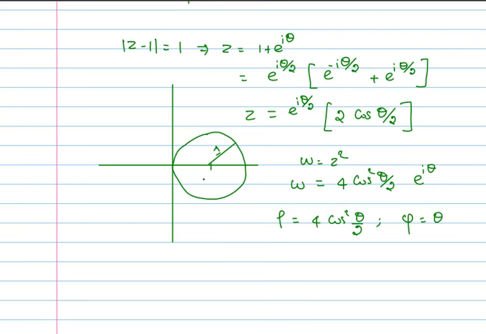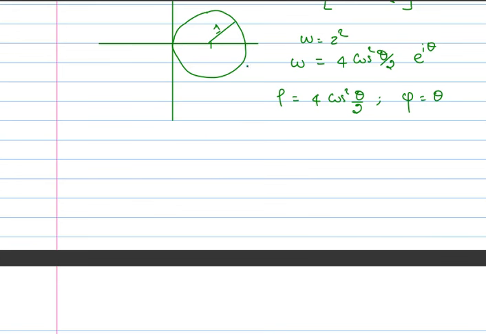Now the same circle is mapped to a cardioid. It looks like this, a cardioid will come. This value is 2, here is minus 2, and this is 4.